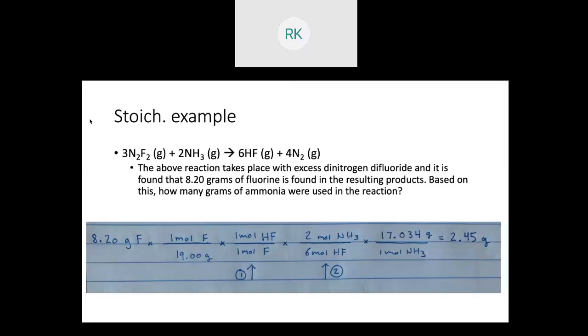When you're comparing 2 different compounds in a chemical equation, your molar ratio will be based on the coefficients in your balanced equation. Our coefficient for ammonia is 2, and our coefficient for HF is 6, which tells us that for every 6 moles of HF, there's going to be 2 moles of NH3. That's how you come up with that conversion factor. And then 1 mole of ammonia is 17 grams, and it comes out to 2.45.